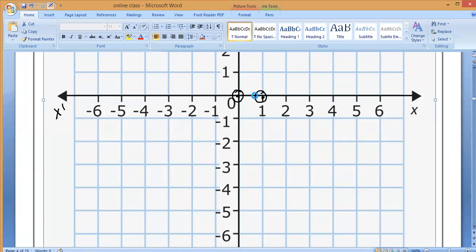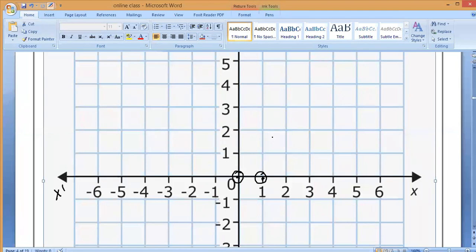Next point: 2 comma 4. On the x-axis 2, on the y-axis 4.